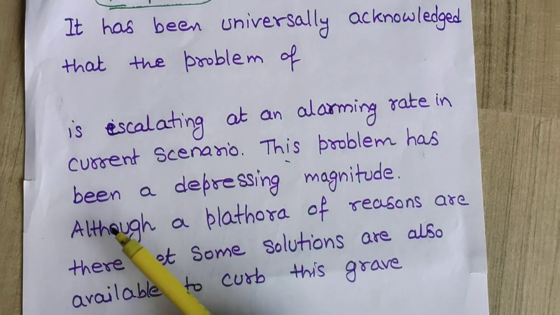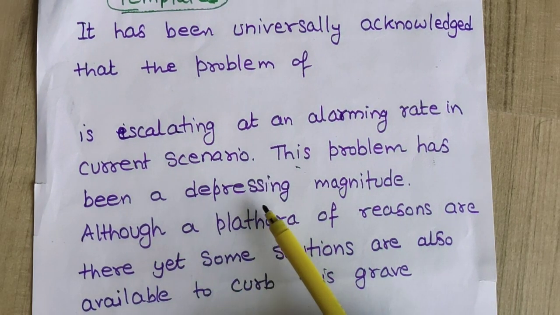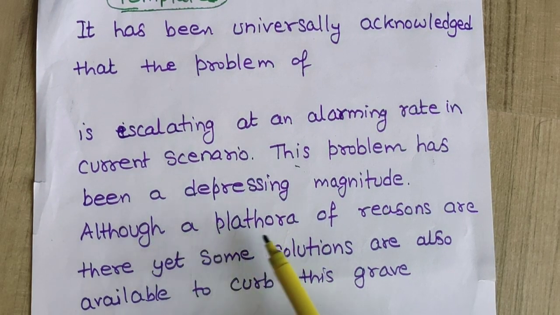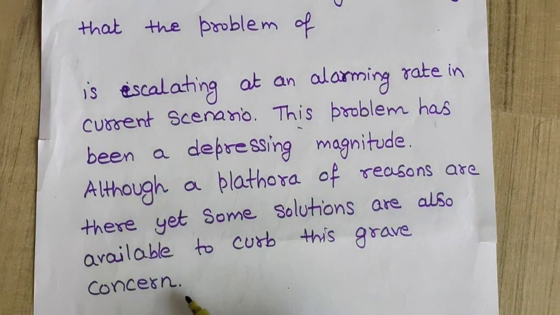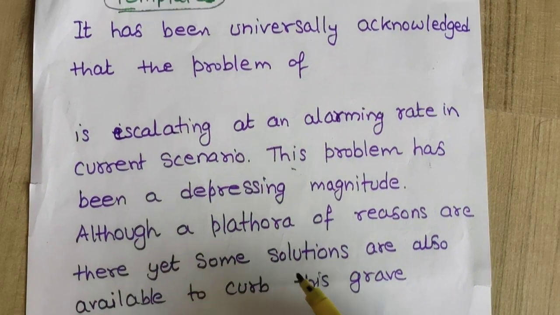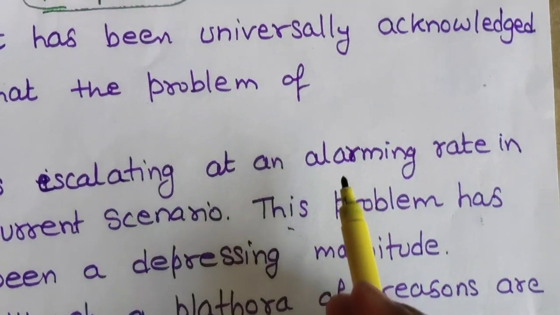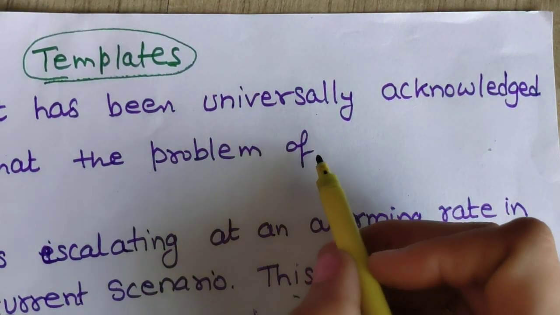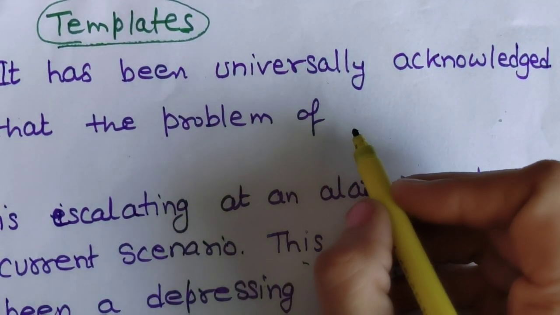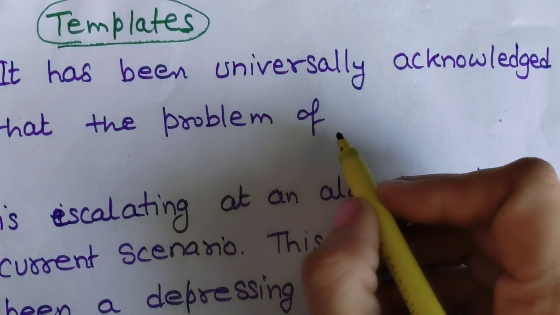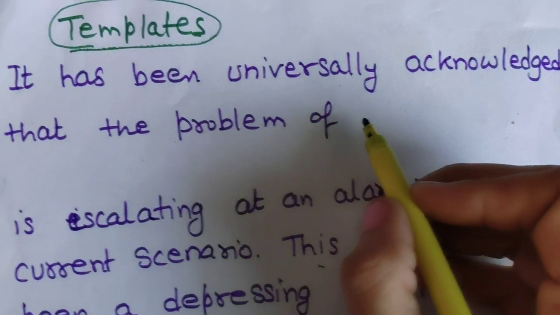This problem has been of a depressing magnitude. Although a plethora of reasons are there, yet some solutions are also available to curb this grave concern. Okay, so how I am going to write the statement from the question statement, the main problem, that as we know, the problem is migration from agricultural lands to cities.